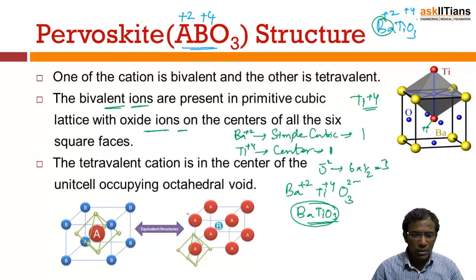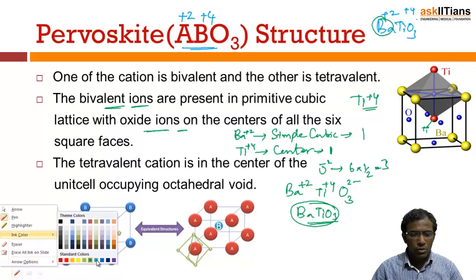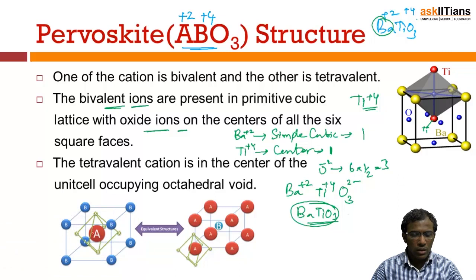Okay, so here in the picture you can also get the coordination numbers. The bigger one, A, is the titanium ion or the tetravalent ion. These are the oxide ions, so its coordination number is 6.